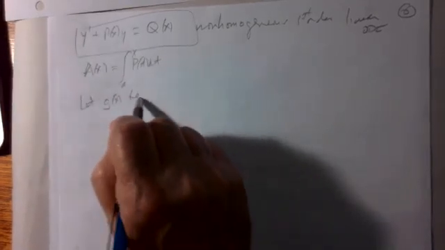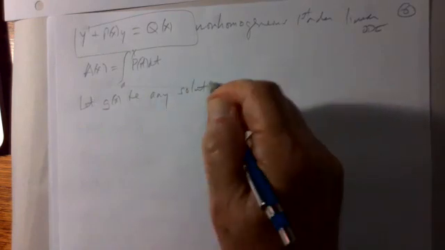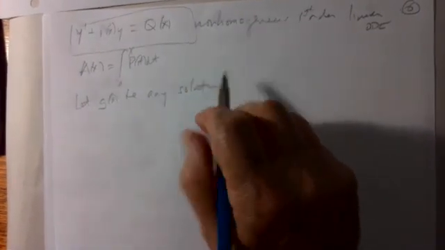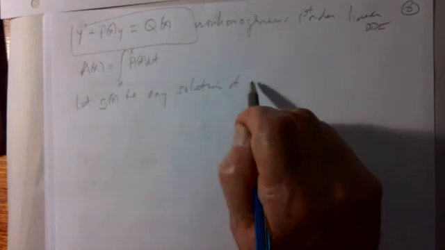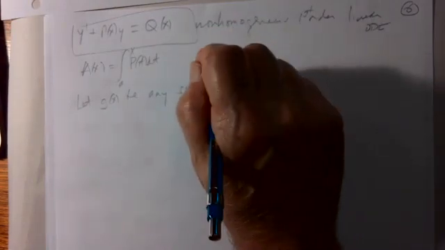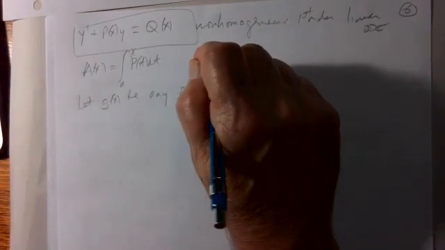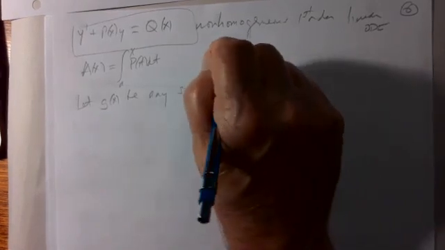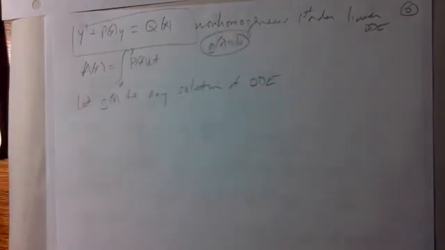Let g of x be any solution. Let's imagine there is a solution, or assume there's a solution, of this ordinary differential equation with the initial condition that g of a is equal to b.